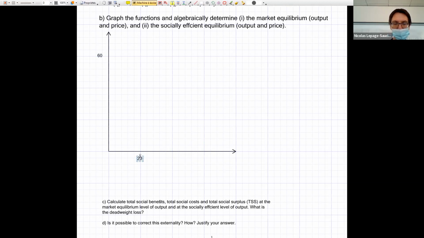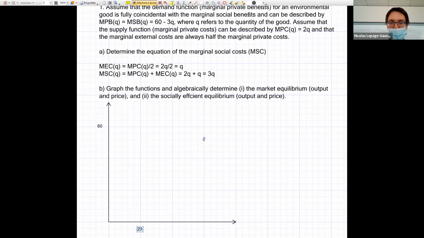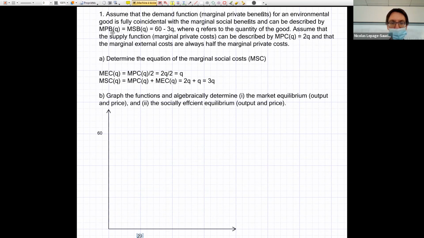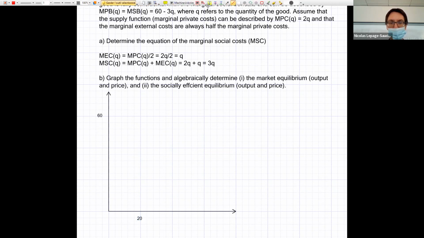Maybe that's not the best idea, but I'd like to have the scale the same. And then that's marginal private benefit and marginal social benefit. And here, Q and 2Q.